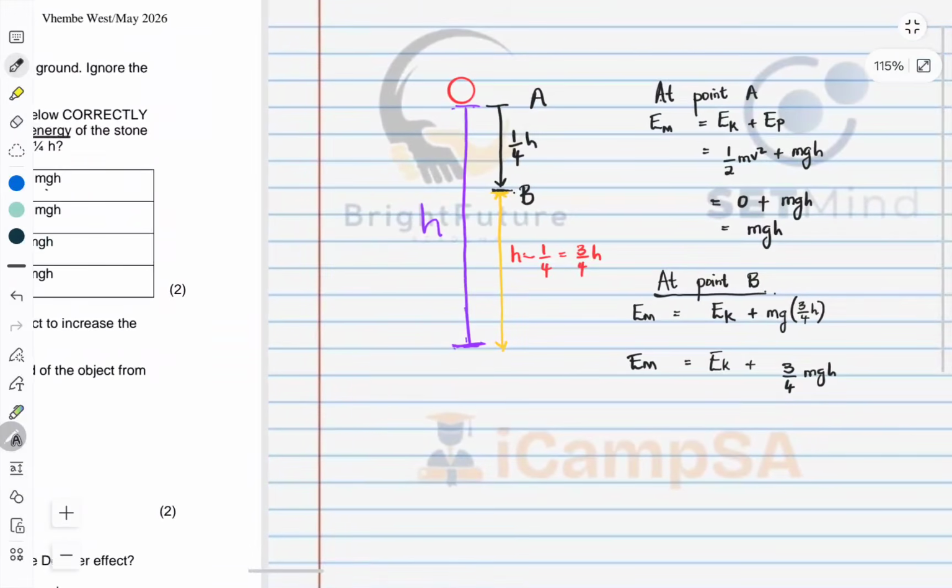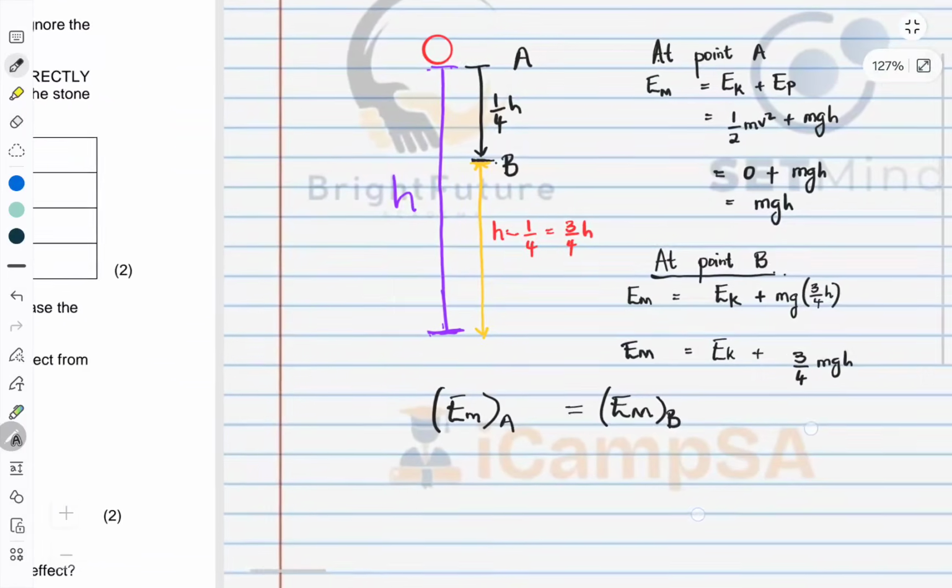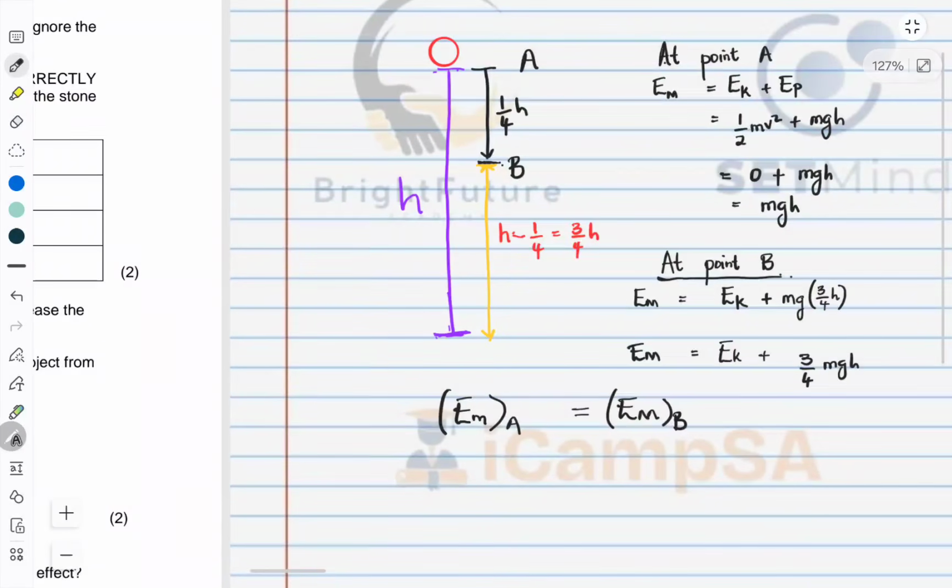If you remember, the conservation of energy says the mechanical energy at point A should be equal to the mechanical energy at point B. So I can take my mgh that we found, remember this guy, mgh.